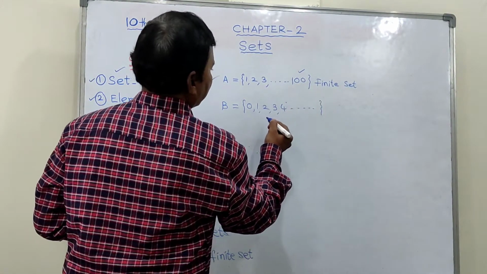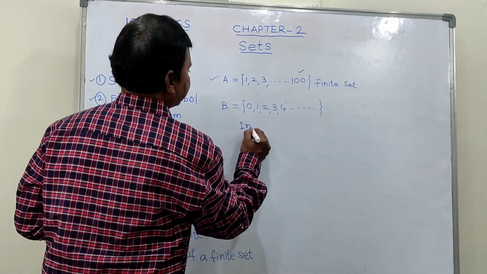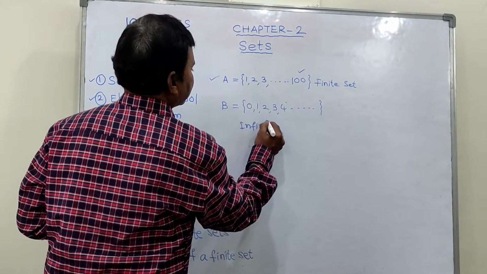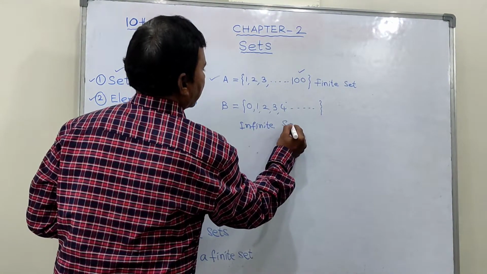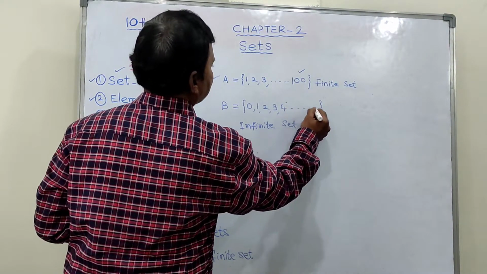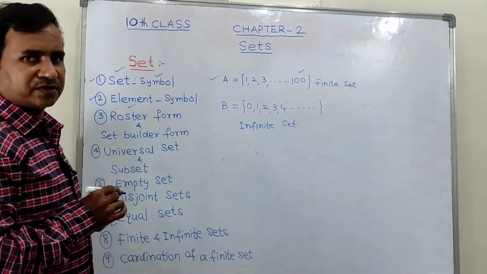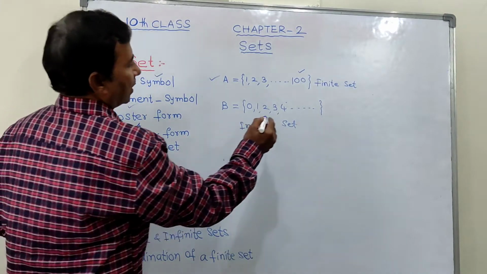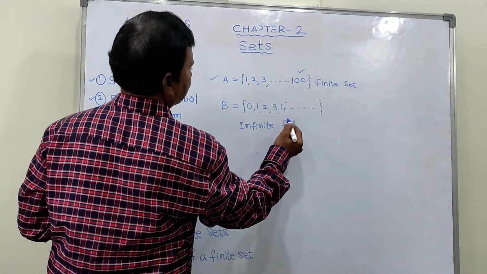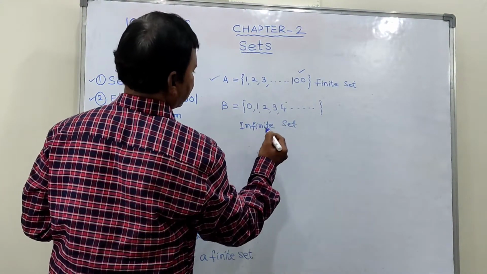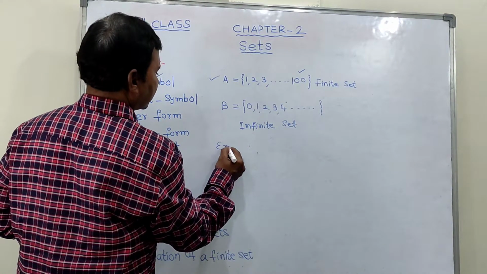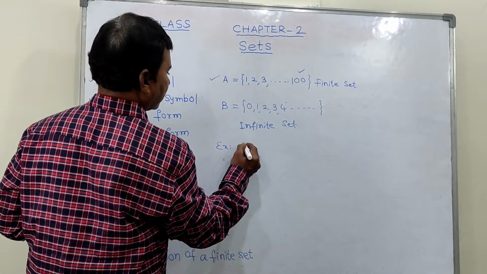And the opposite meaning for this, infinite. Infinite means there won't be any limit for this, means there won't be any last number for this. It will be continued like this. Such type of sets we will call it as infinite sets. Some more examples for infinite sets, you know it very well.